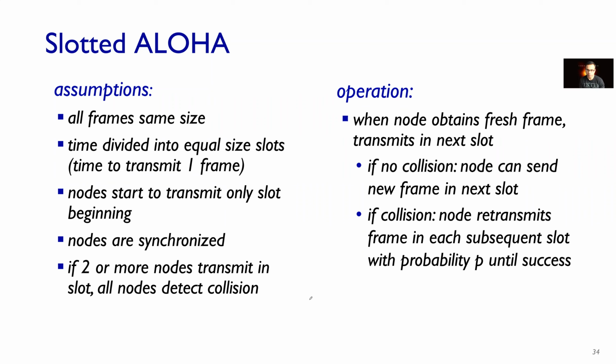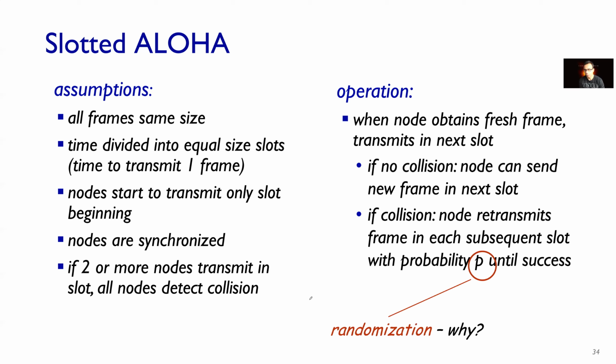If it detects that there was no collision, it assumes the receiver has received it and moves on; that frame is done. If, however, it detects that there's a collision, then the node will retransmit that frame in the next slot with a probability P. Which means there is some randomness here.